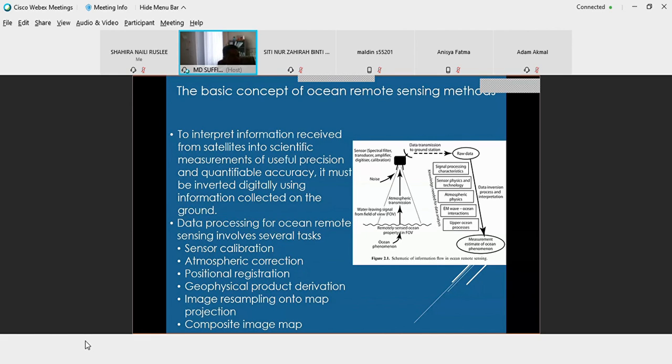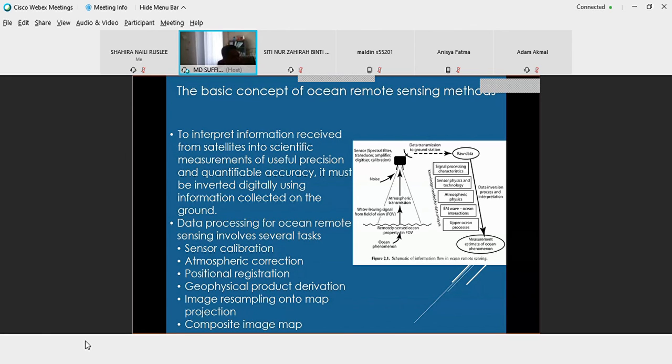Bermaksud bahawa, okay, you kena ada radiometer, ataupun sensor yang sama macam sensor yang dihantar di atmosphere. Okay, and then you ukur di darat, and then you buat dia punya calibration and verification. So biasanya dia ada algoritma dia sendiri. Algoritma, so untuk nak interpret radiation, ataupun reflectant daripada satellite.